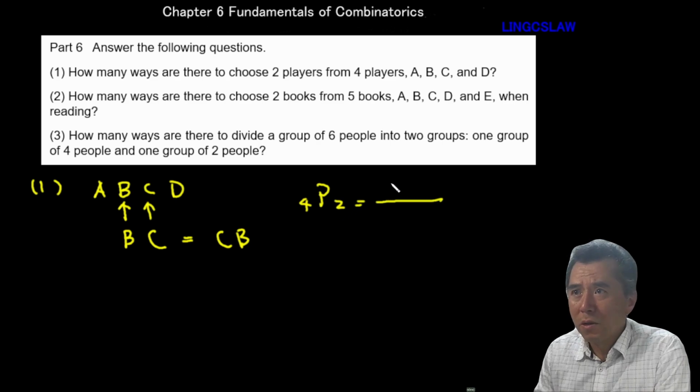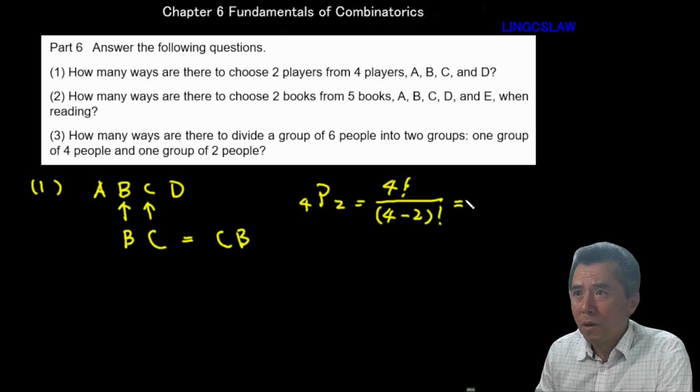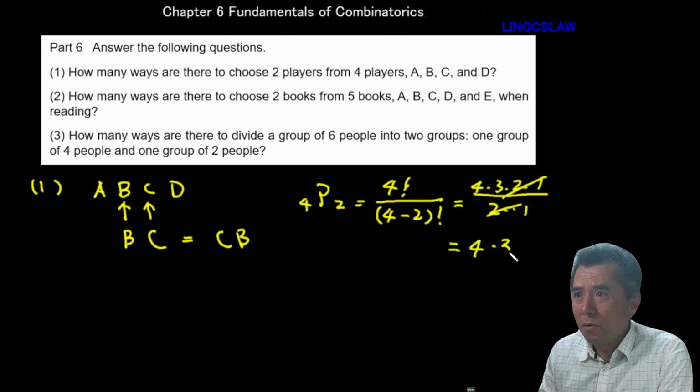That means 4 factorial divided by 4 minus 2 factorial equals 4, 3, 2, 1 over 2, 1, equals 4 times 3.